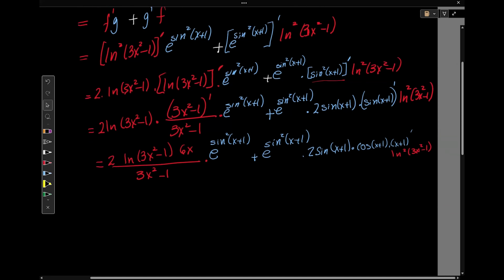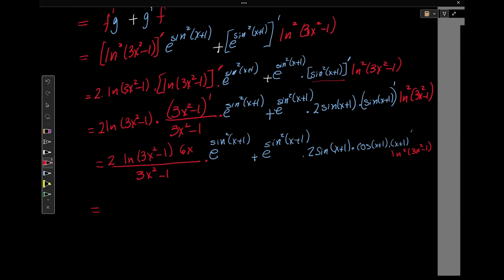Maybe I should write smaller on the first part. So let's go here. This gives me factor out at e. Let's keep it blue. So e to the sine squared of x plus 1 times, here I have 12x ln of 3x squared minus 1 over 3x squared minus 1.